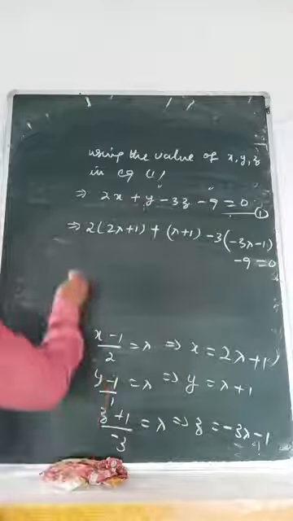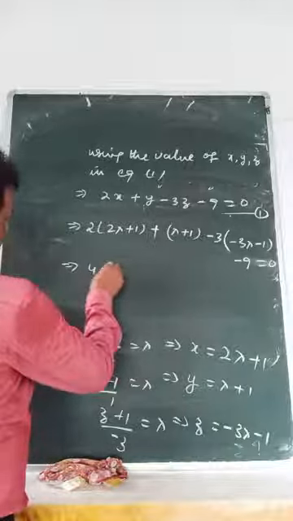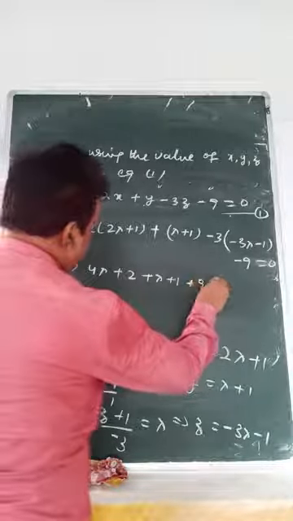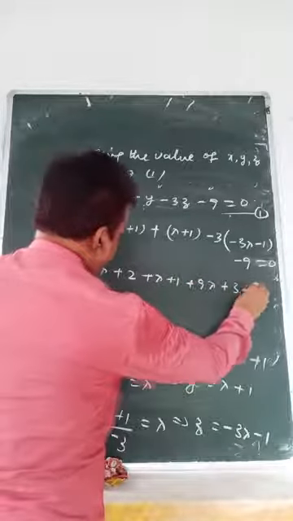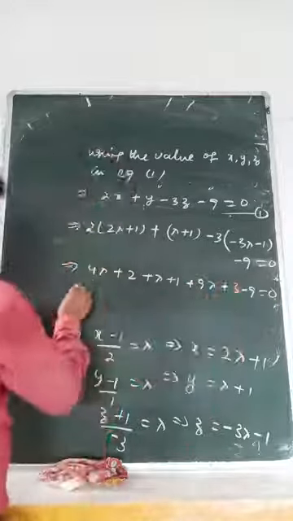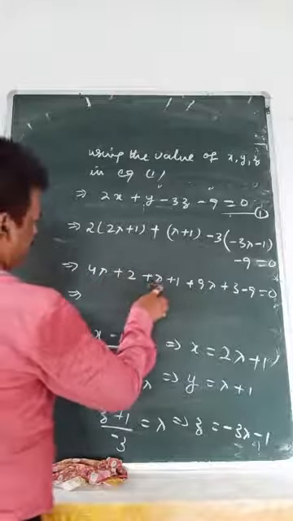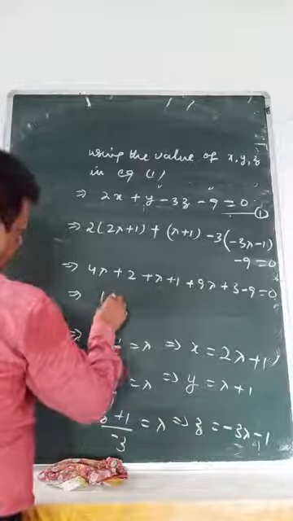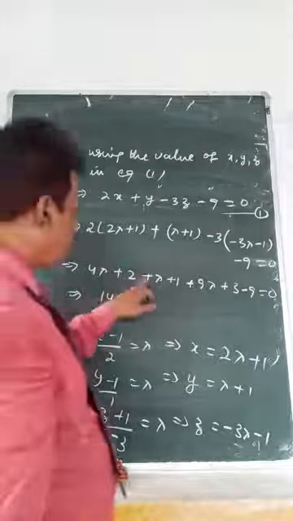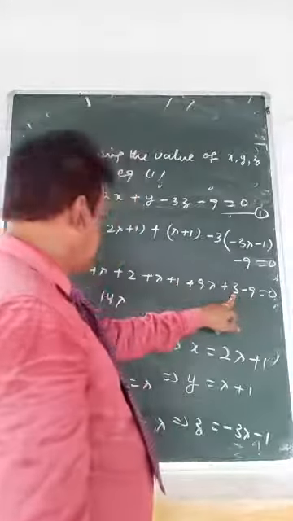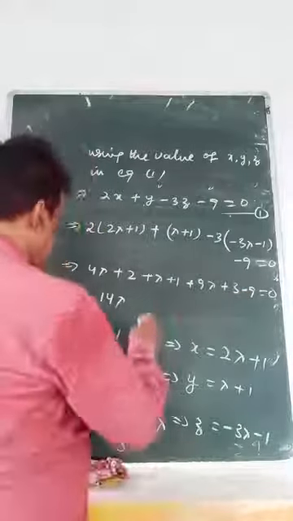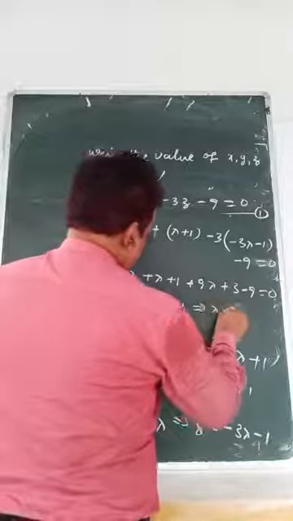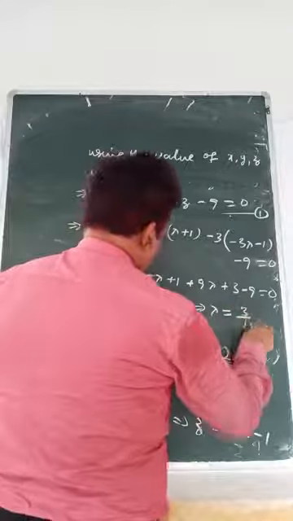So simplify. 4 lambda plus 2, plus lambda plus 1, plus 9 lambda plus 3, minus 9 equals 0. This implies 4 lambda plus lambda plus 9 lambda is 14 lambda. Then 2 plus 1 is 3, plus 3 is 6. 6 minus 9 is minus 3 equals 0. This implies lambda equals 3 by 14.